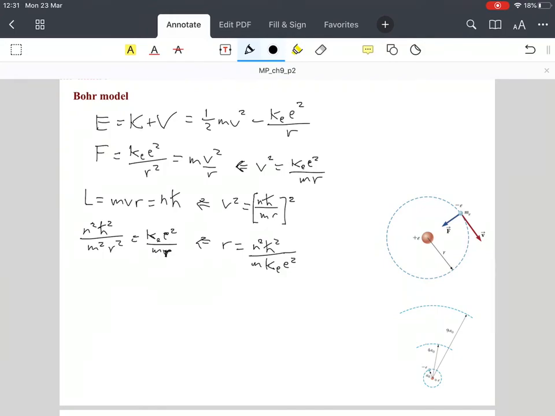That next level, so if you go from, say, n is equal to 1 to n is equal to 2, you have 2 squared, and you have 4 times a larger radius. And then if n is equal to 3, n squared is 9. And this is shown on the bottom right diagram, showing how the radius between these different n levels increases as n squared.